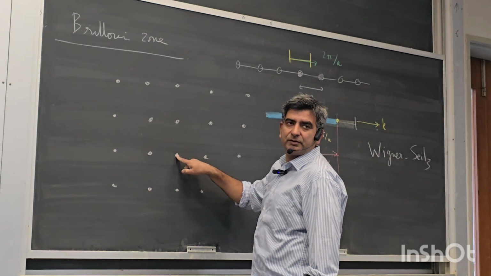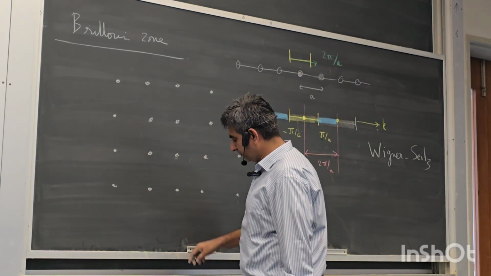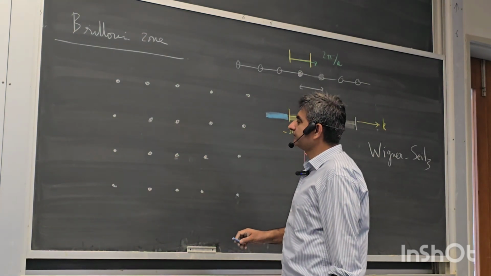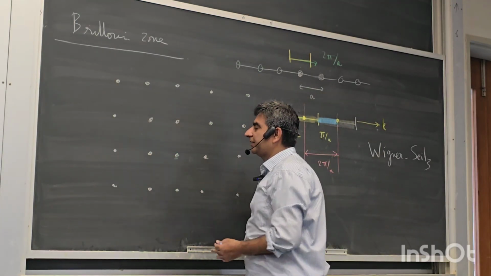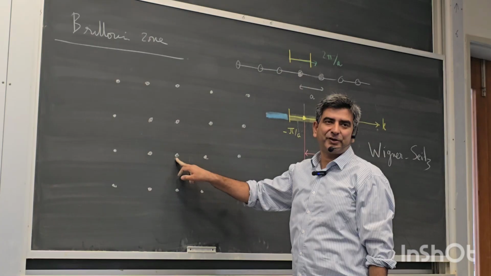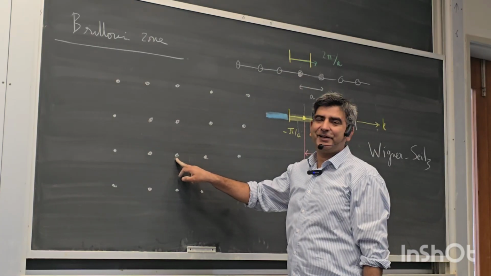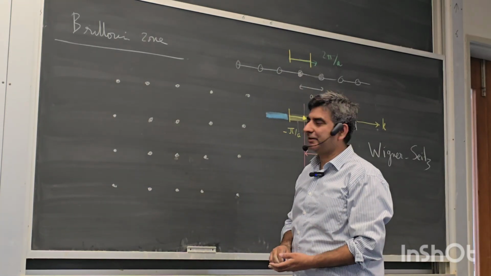I want to draw the first Brillouin zone about this origin. So I need to find the region inside this reciprocal lattice which is closer to this point than any other point. How do I do that?